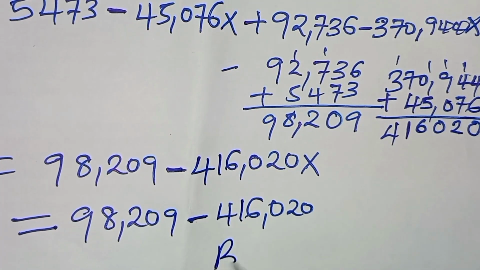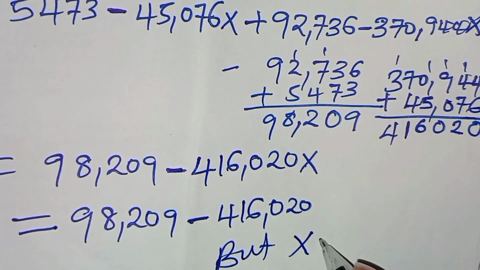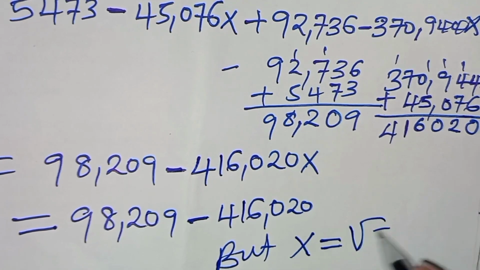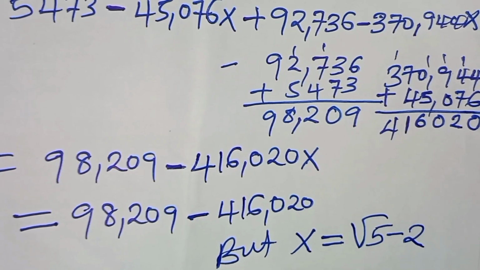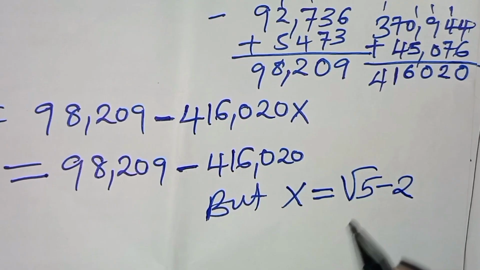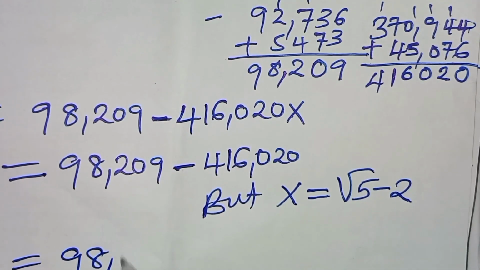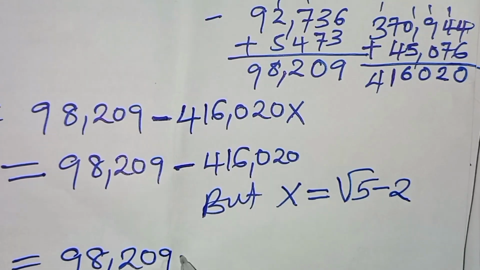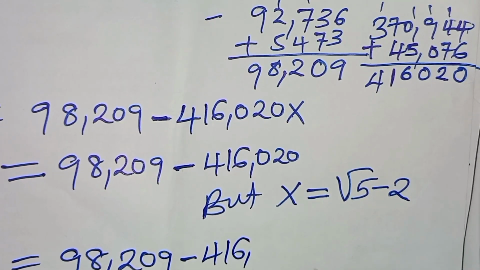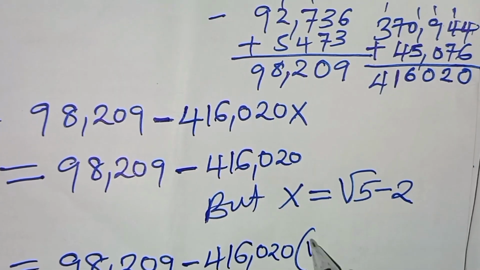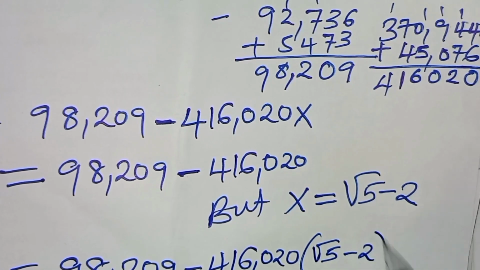X is definitely equal to square root of 5 subtract 2 from equation 1. Let's substitute this. So here we will have 98,209 subtract 416,020 multiplied by x, which is square root of 5 subtract 2.